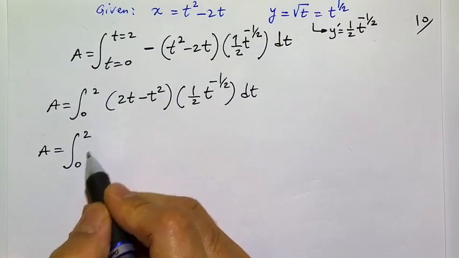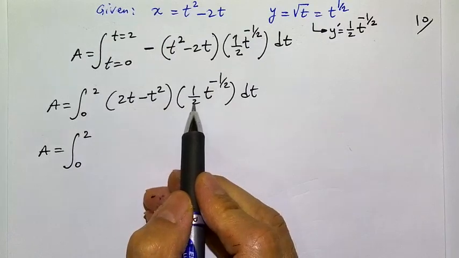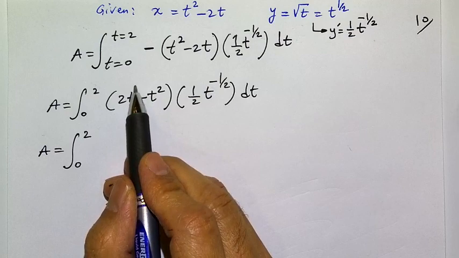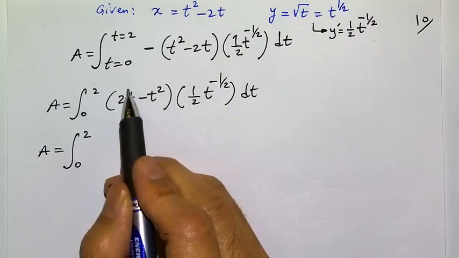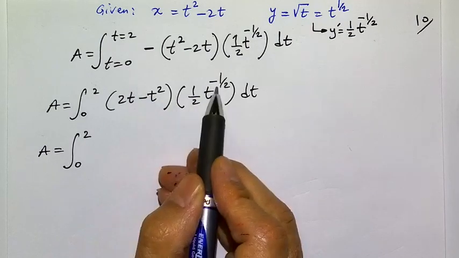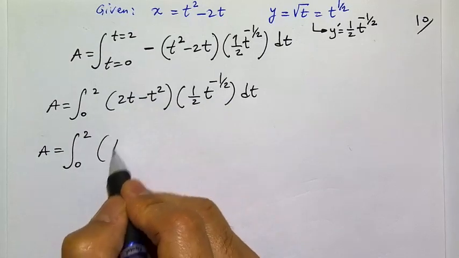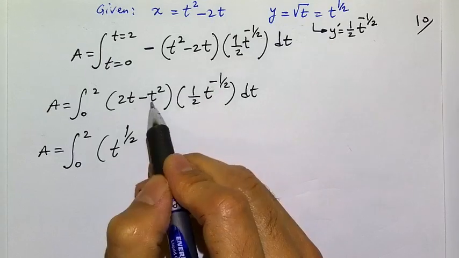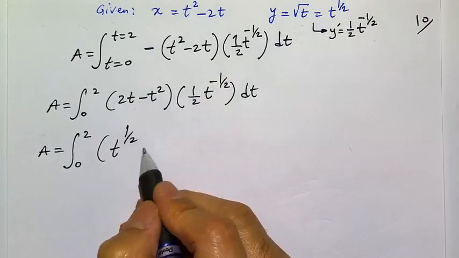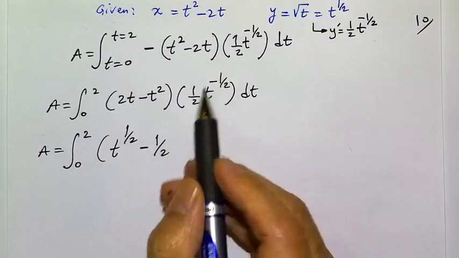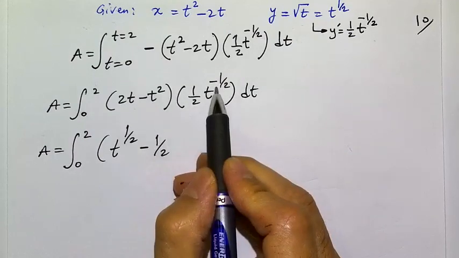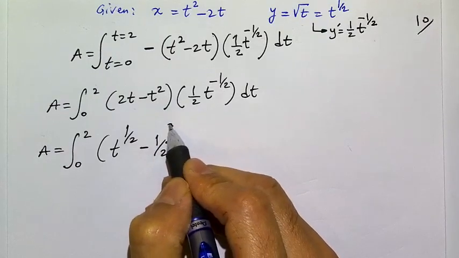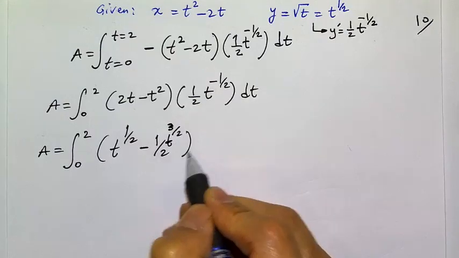We get the integral from 0 to 2. 1/2 times 2 is just 1, t to the power 1; the powers add because the base is the same. So 1 minus 1/2 is just 1/2: t to the 1/2 power. Then this times that, we get minus 1/2, and 2 minus 1/2 is going to be 3/2: t to the 3/2 power, dt.